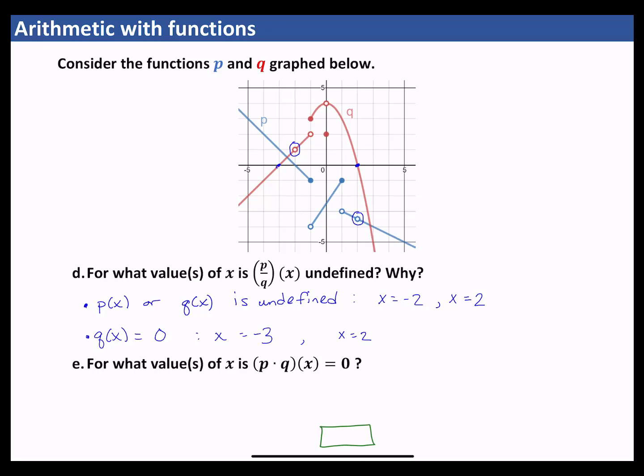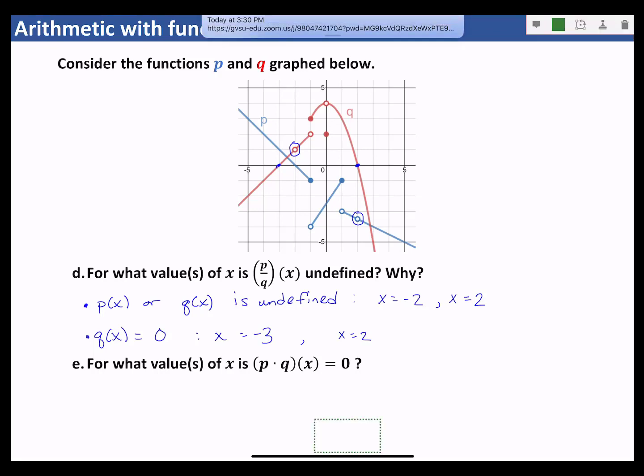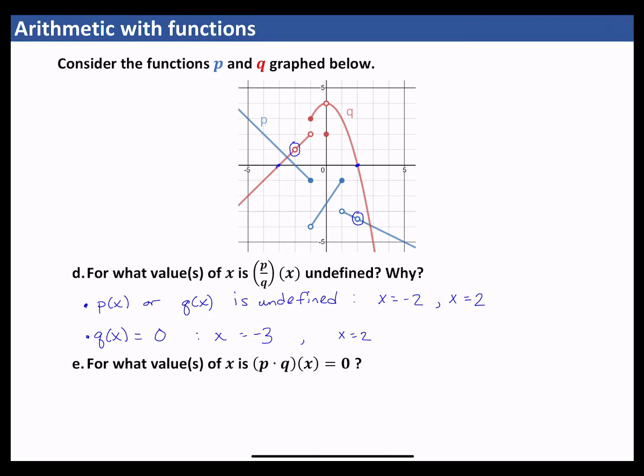All right, so lastly, we want to find for what values of x is (p times q)(x) equal to 0. Well, we know we have a product, p of x times q of x equal to 0.